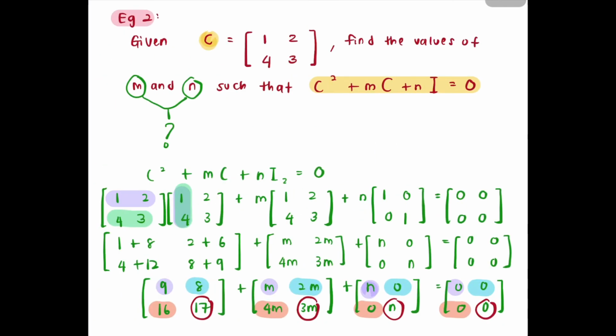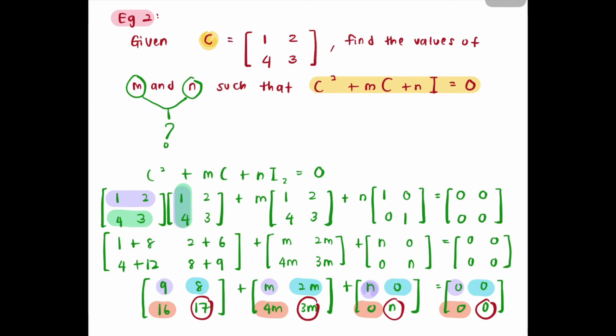Now let's see example 2. Given a matrix C, find the values of M and N such that C squared plus MC plus NI equals the zero matrix. What you should do is just open up the formula, and for C squared, just take C, multiply another C, plus M, a scalar, multiply towards your C, plus N times identity equal to 0 matrix.